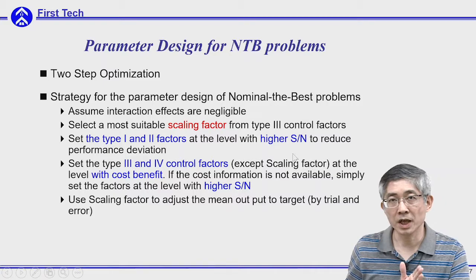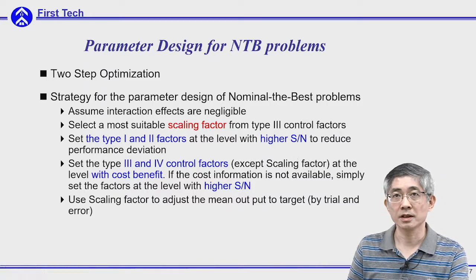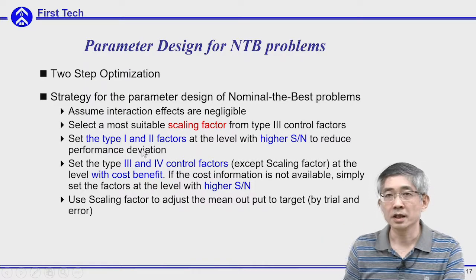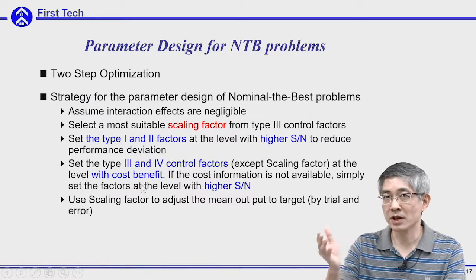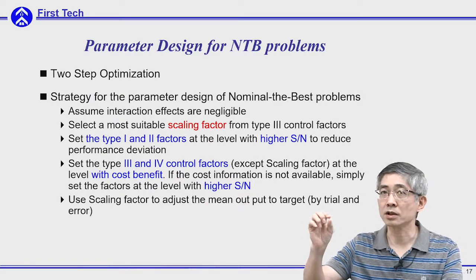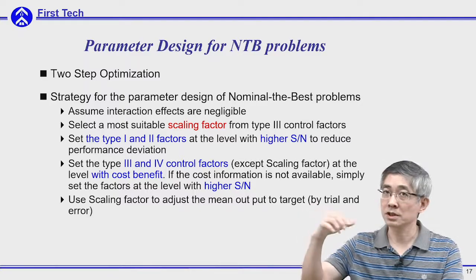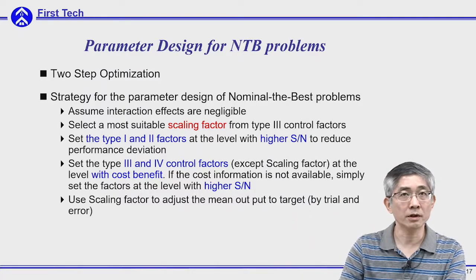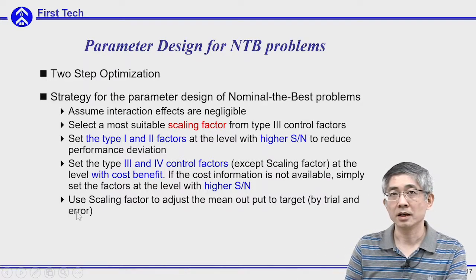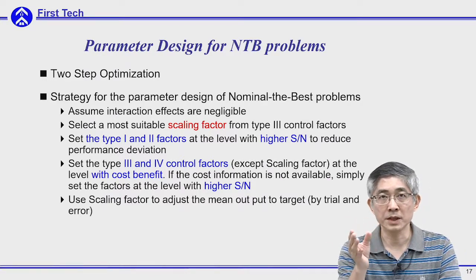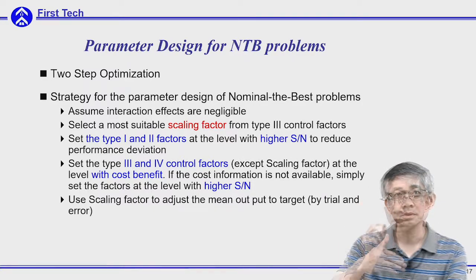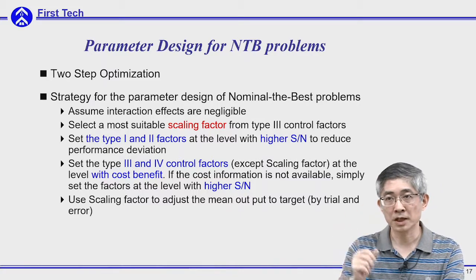But for type 3 and type 4 control factors, since they have small or no influence on SN, if we have the cost information for each level, instead of choosing a level where SN only increases by a small proportion, it's better to choose a level where the cost will be smaller. After that, the only factor that needs to be determined is the scaling factor. So we move the scaling factor up and down to move our average output to target.